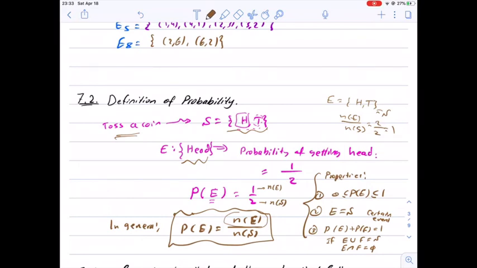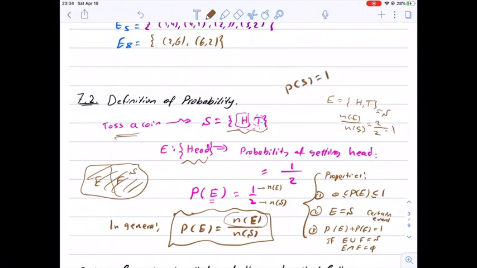So the union of the two sets is S. Using a Venn diagram, this is S, this is E, this is F, and the union is the whole S. That means the probability of E plus the probability of F is equal to the probability of the whole S, which is 1.